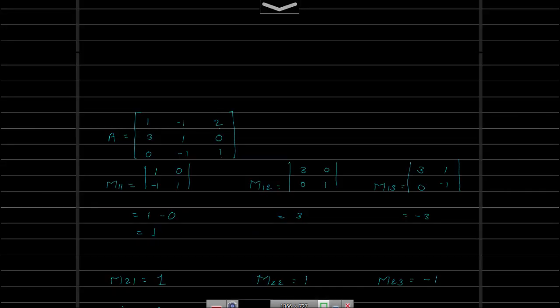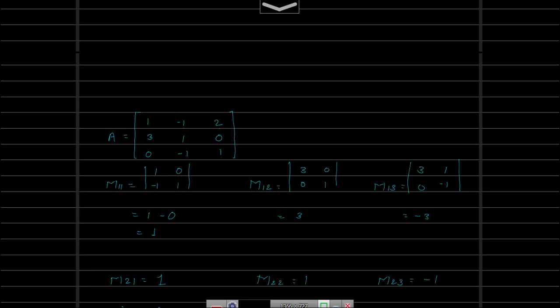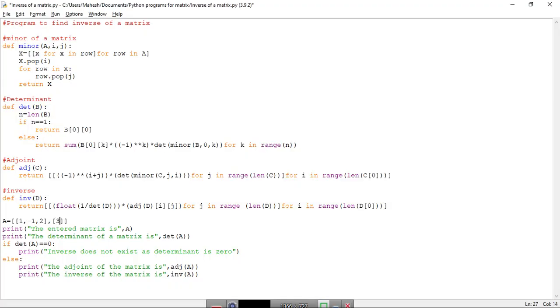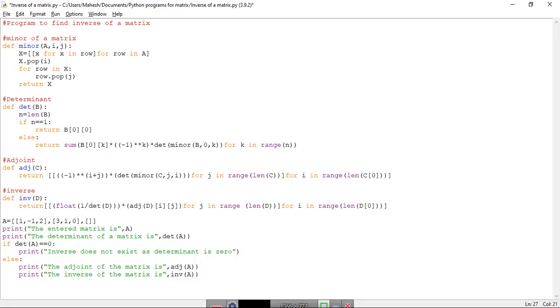The first vector is 1 minus 1 2. The second vector is 3 1 0, and the third one is 0 minus 1 1. Okay, let us execute this.